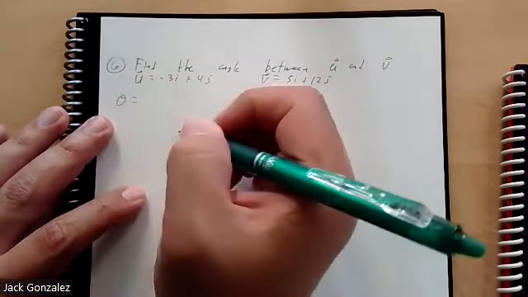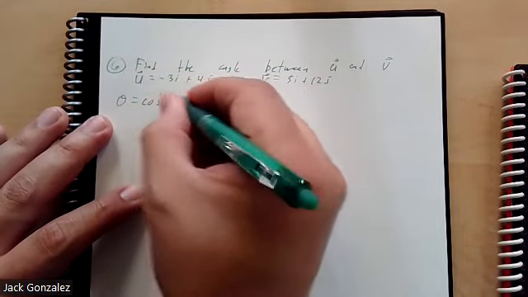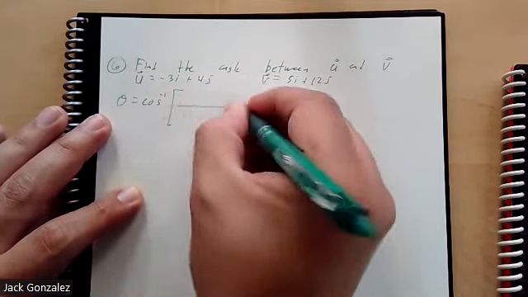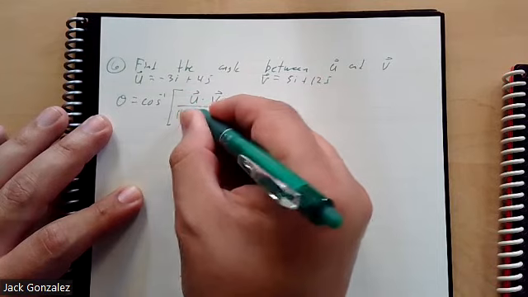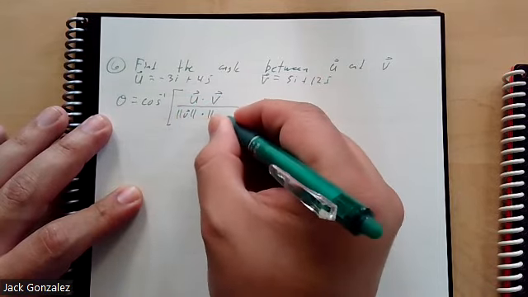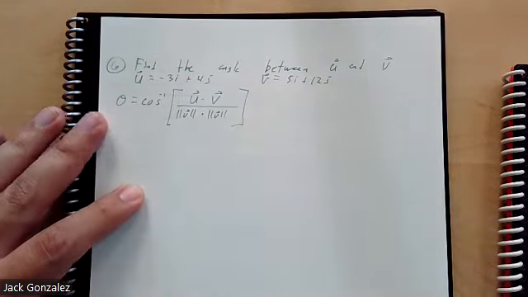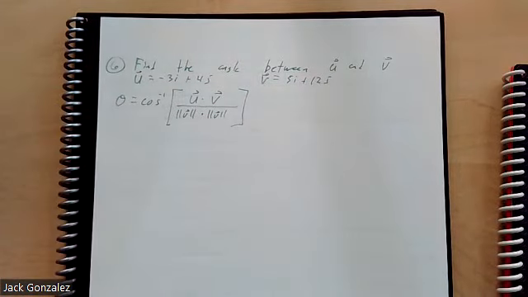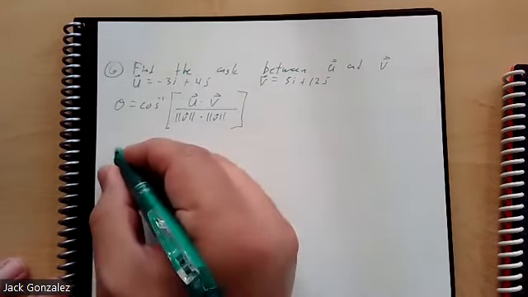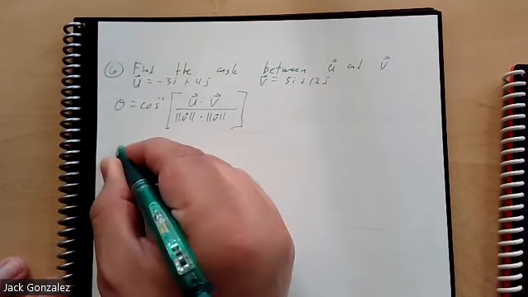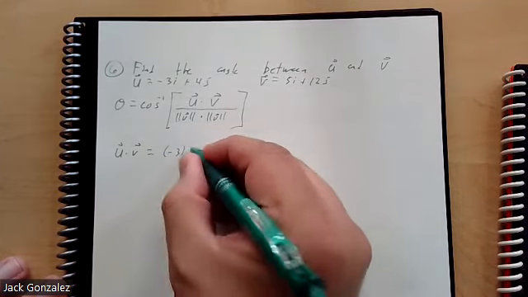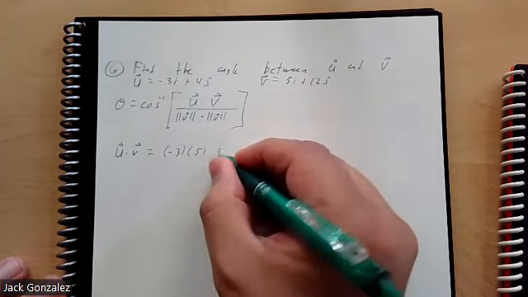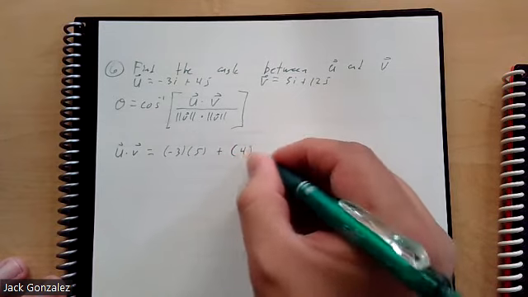The angle between two vectors is equal to cosine inverse of u dot v over the magnitude of u times the magnitude of v. So first thing we should do is find the dot product, right? That's at the top. So what is u dot v? Well, that's going to be the i's multiplied together, and then add the j's multiplied together.